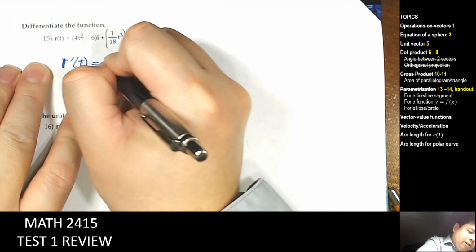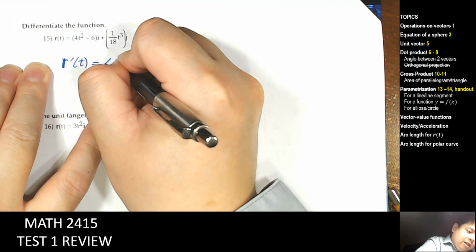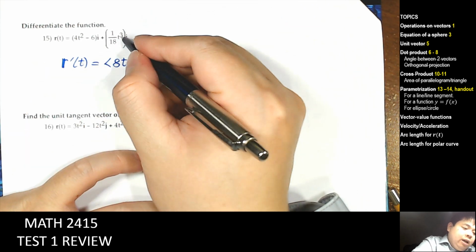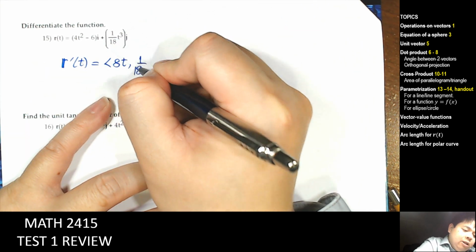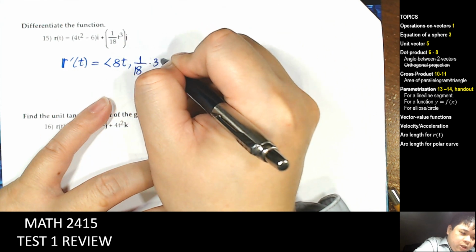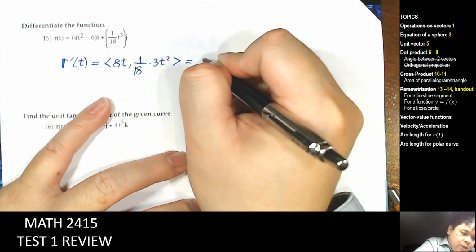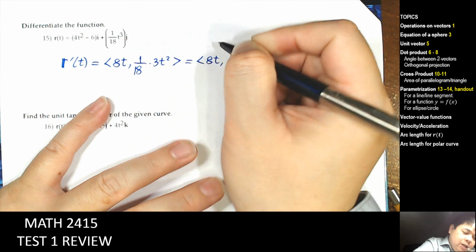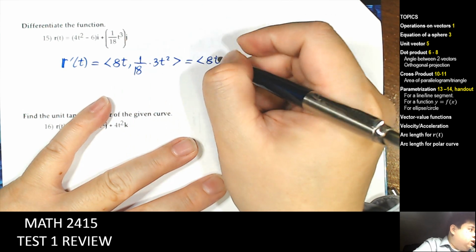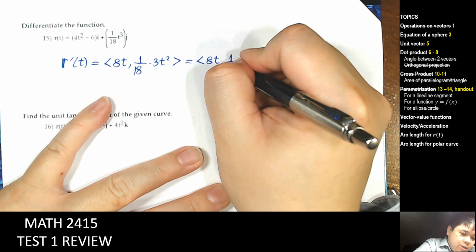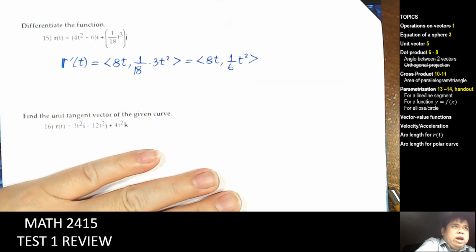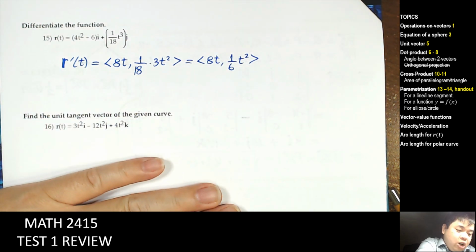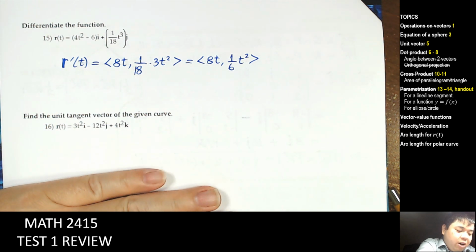The derivative at, and that is 1 over 18 times 3t squared, so at, and 1 over 6t squared. We can leave it in the answer like that or in the ijk component, just fine.